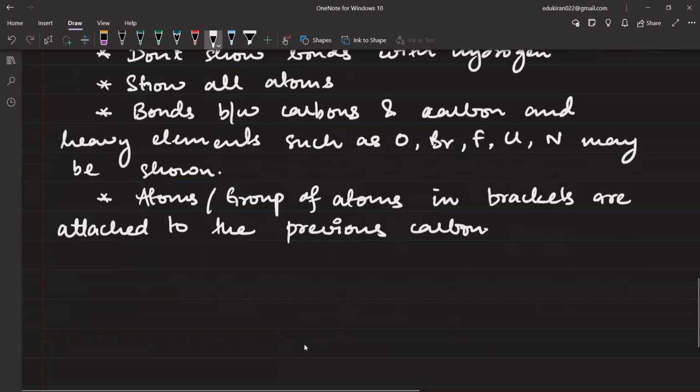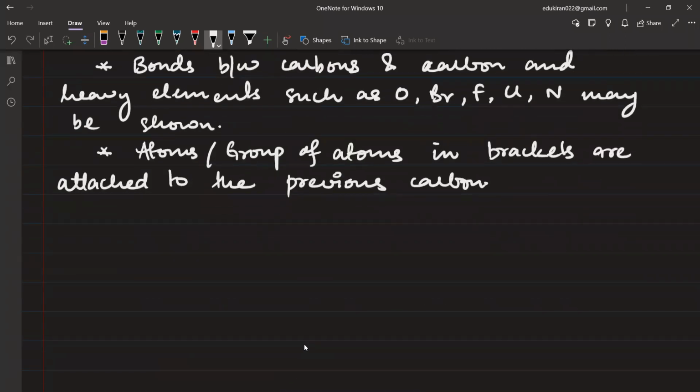Okay. So, for example, I have this structural formula like this. Carbon. It is attached with one more carbon. It is attached with one more carbon. This carbon is having 3 hydrogens.